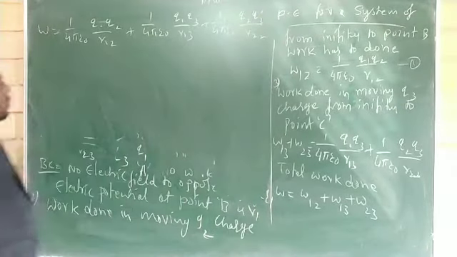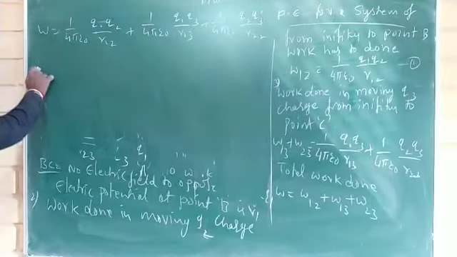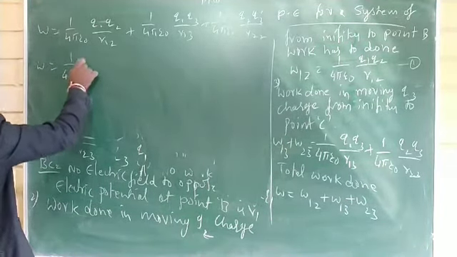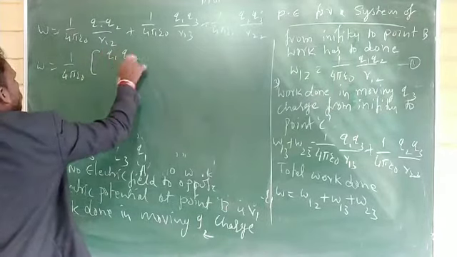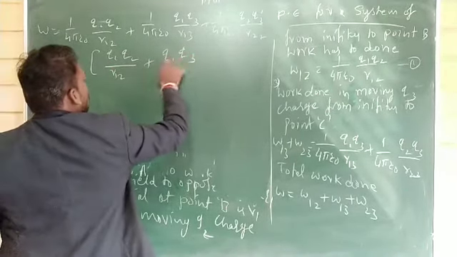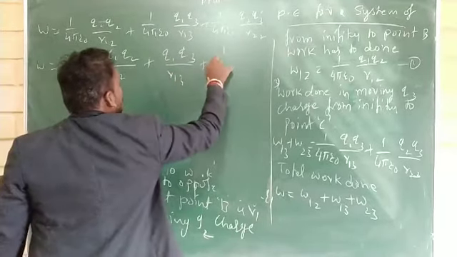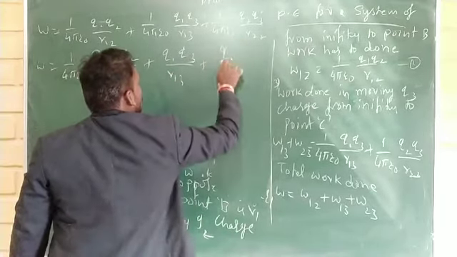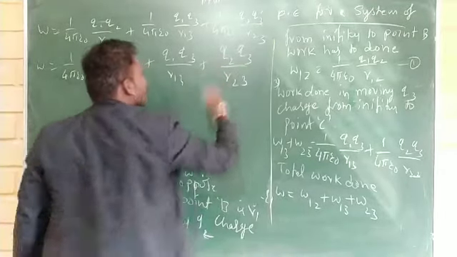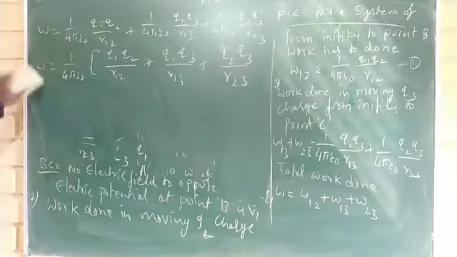Here 1 divided by 4 pi epsilon naught is common, take it outside. W is equal to 1 divided by 4 pi epsilon naught into Q1 Q2 divided by R12 plus Q1 Q3 divided by R13 plus Q2 Q3 divided by R23. And this is the work done.